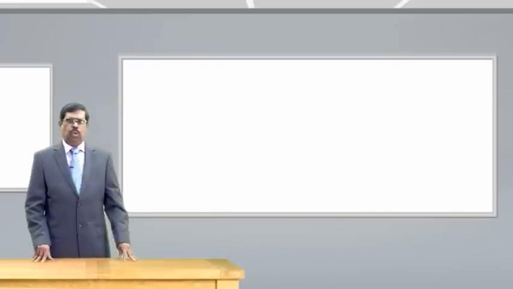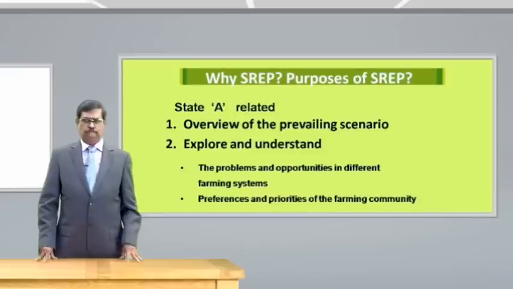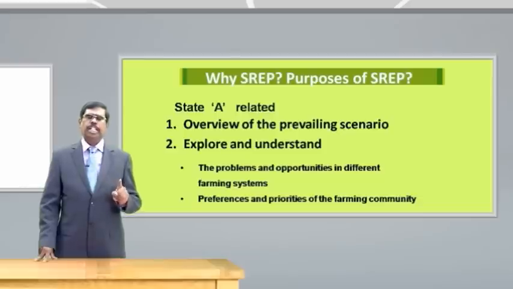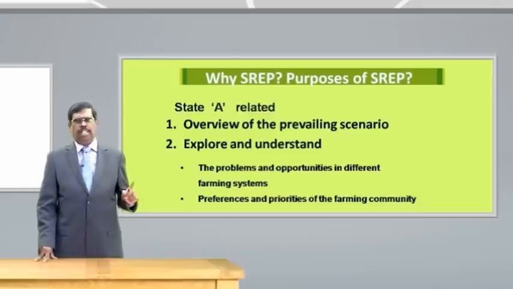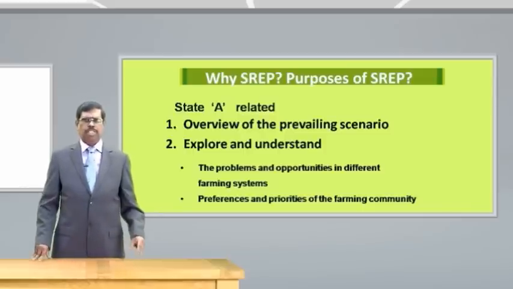Now, we will see why SREP and what the purposes of SREP are. Just now we saw state A and state B, and of the purposes of SREP, there are two which are related to state A. Number one is we need to get an overview of the prevailing scenario of the districts, the entire agroclimatic conditions, all data; we will see in the next slides what information we need.